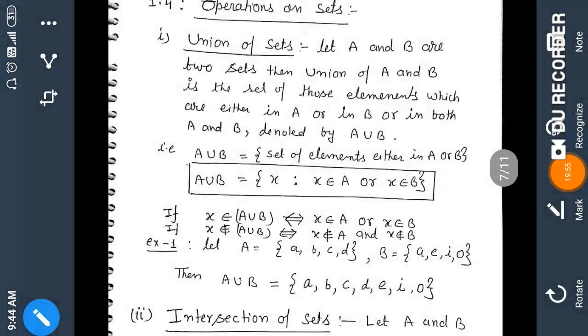Now we come to the next topic, and this is the main topic of set theory, operation on sets. The first definition is union of sets.